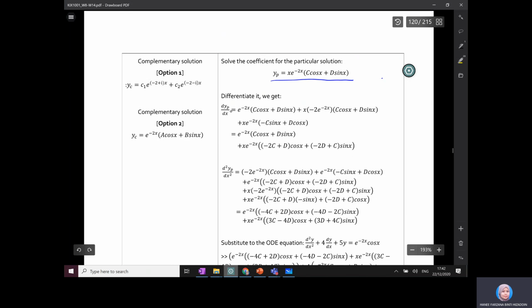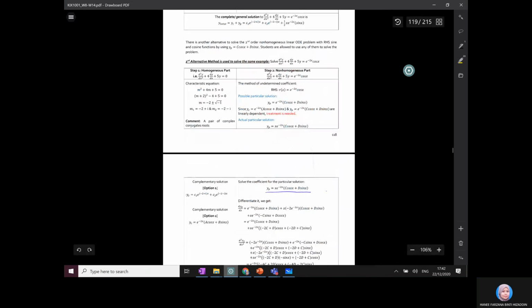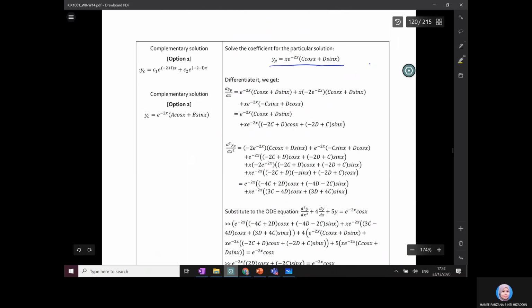So when you differentiate for dy dx, you need to be careful, because this is your u, this is your v, but inside your u, you have two other functions that you need to differentiate. It's a product rule, so you need to do it one by one.